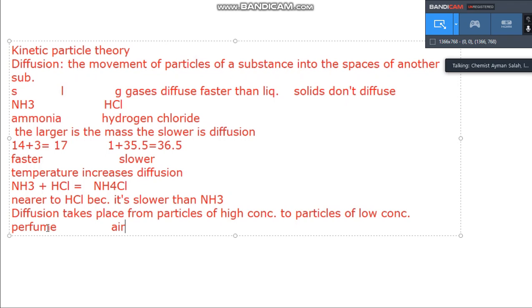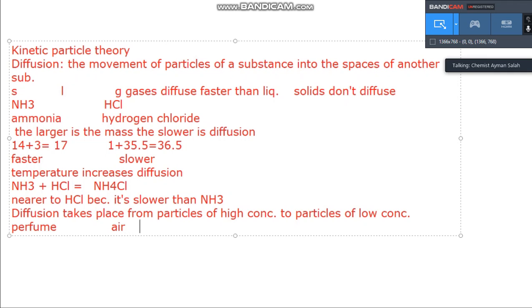So perfume diffuses into air because perfume has larger concentration than the air. Okay? Perfume diffuses into air and not the opposite. So air can't diffuse into perfume.